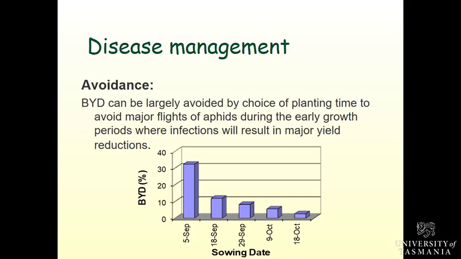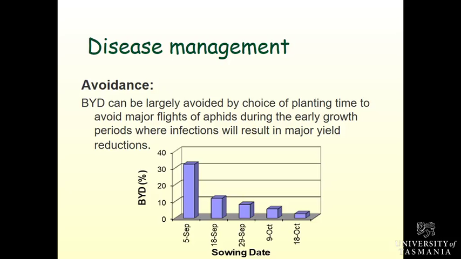The populations are up. So they've done some work, and this is data I think from Tasmania too, where if you just alter the sowing date, so the date you plant, depending if you plant early spring or late spring, early summer, and do nothing else, you can greatly reduce the amount of virus you get.